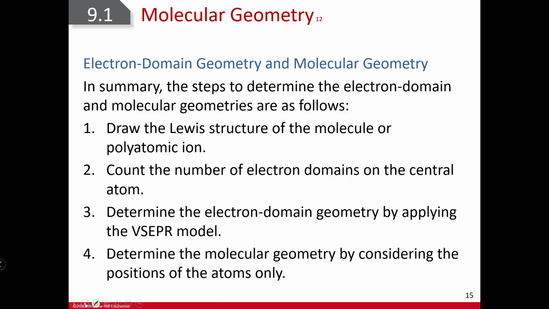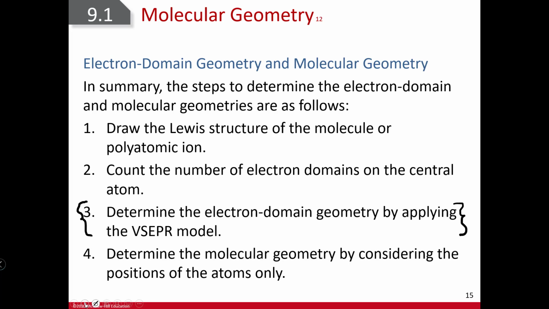So now what you're tasked to do is to follow these steps and be able to write the three-dimensional molecular geometry for anything given to you that's a covalent or molecular compound. Now, the key is, and this is what students just don't get all the time, this is the most important: you've got to find the electron domain geometry first.